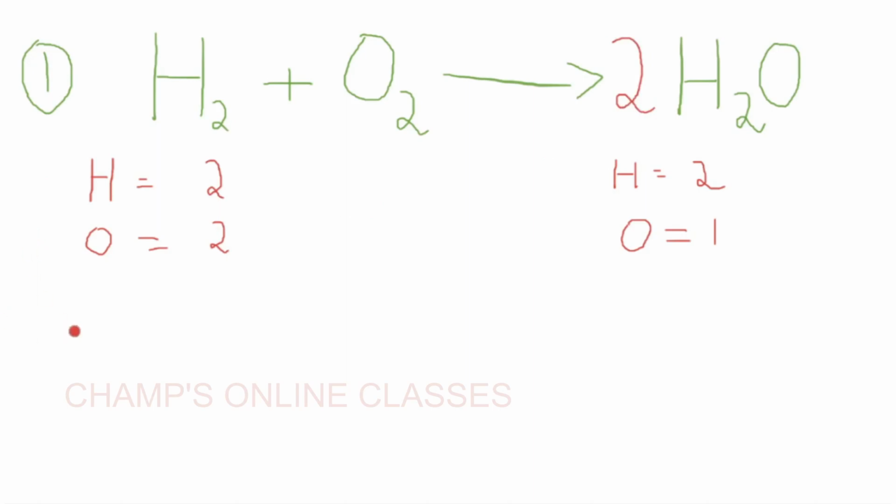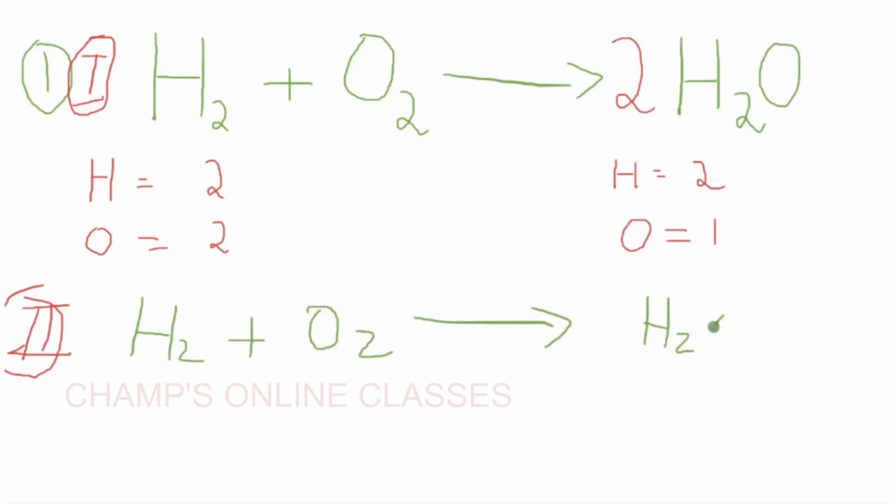Okay, so now our second step. This was our first step. Now second step: write this equation again. The number of hydrogen on the reactant side is 2, and on the product side it is 4. The number of oxygen is balanced this time.